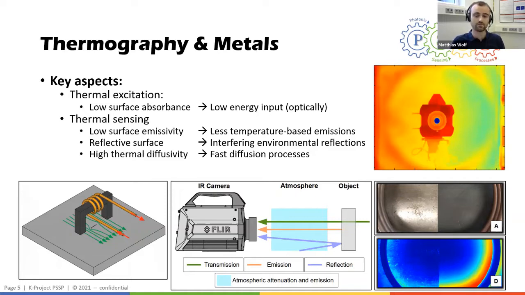This is also an important key aspect that has to be considered. In the worst case, if the surface is totally reflective, as shown in the figure on the top right of my slide, you can even see the infrared camera, and in the middle the actively cooled camera sensor.